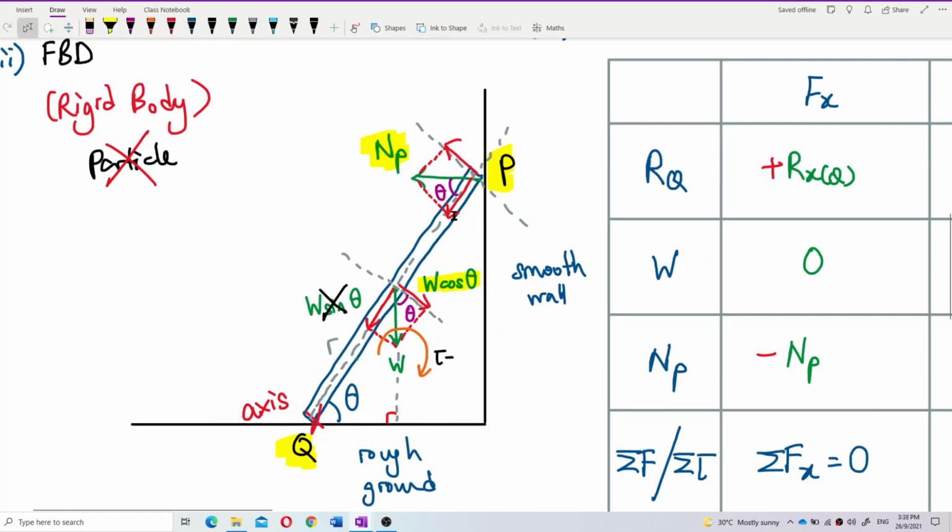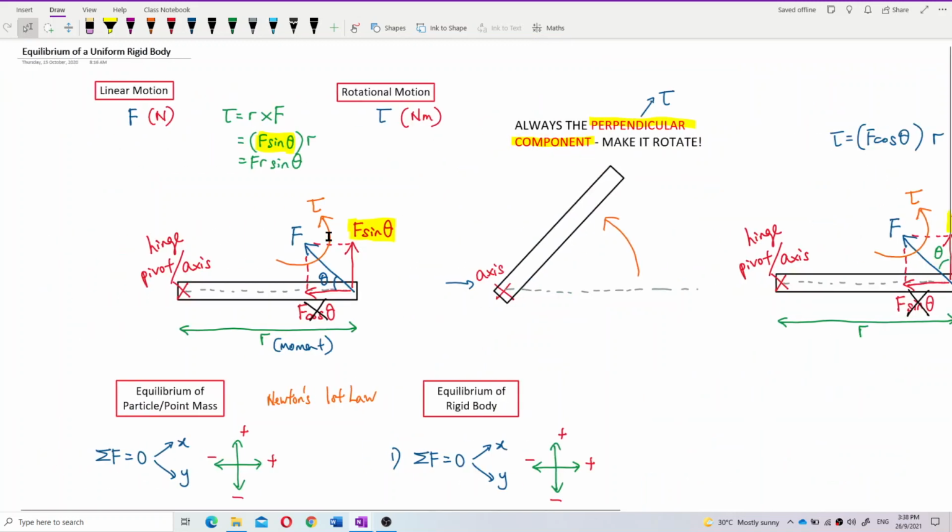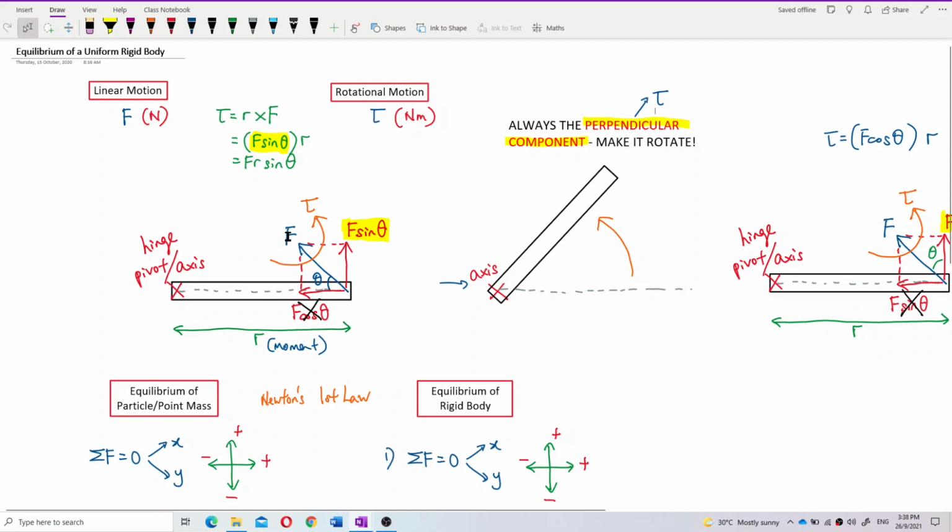The angle theta is between the normal force and the distance. You see that? Later on you will find out this one is N sine theta. The perpendicular component becomes sine theta.